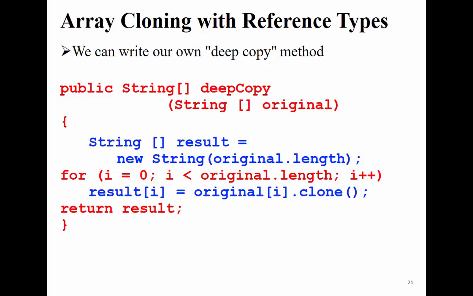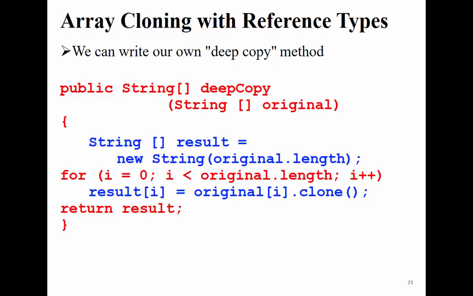You can see here, before I start, I create a new array. And I create this new array by giving the same size of the original one. So a new string, and I give original.length.